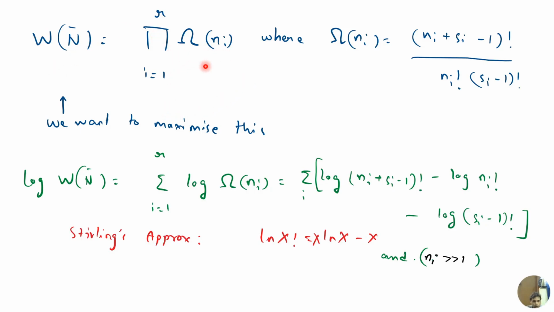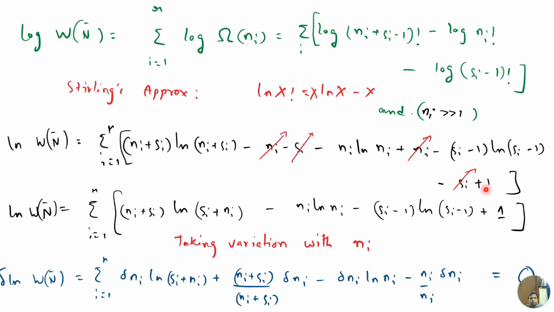So we will take the log of this quantity and we will try to maximize it using Stirling's approximation and Lagrange's multiplier theory. When you take the log of this, the product becomes a summation, and so we end up with this expression. Then we take the Stirling approximation to convert these factorials into products and logarithms.